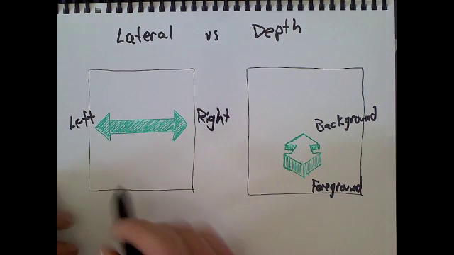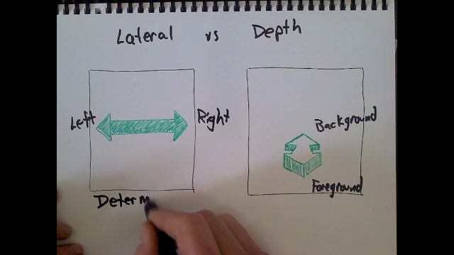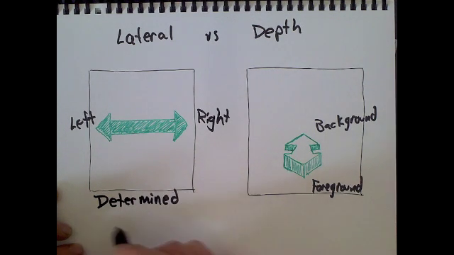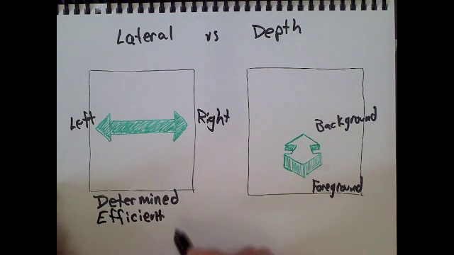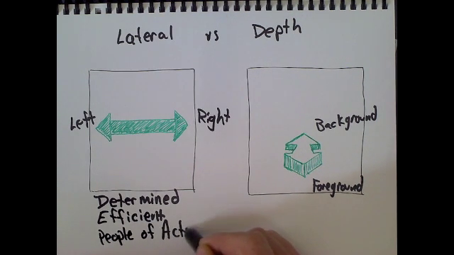So lateral movement comes across as determined. It comes across as efficient. And people that move laterally are seen as people of action.